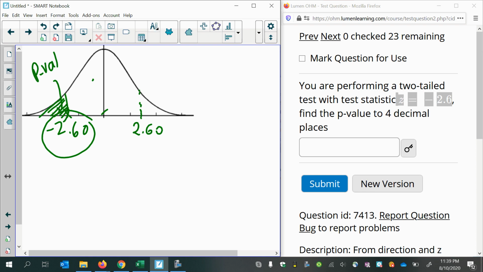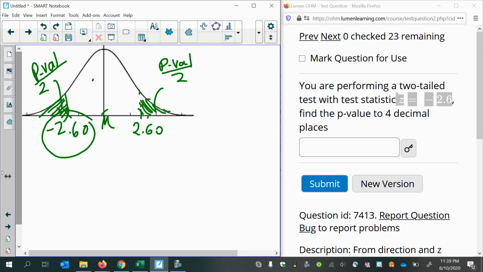And clearly in this example, the sample mean was below the population mean, mu, right? So you don't really have two test statistics, but you can think of it that way because that will help you to understand why your p-value is only going to be half over here, and you have to double that up to get the total for a two-tailed test.